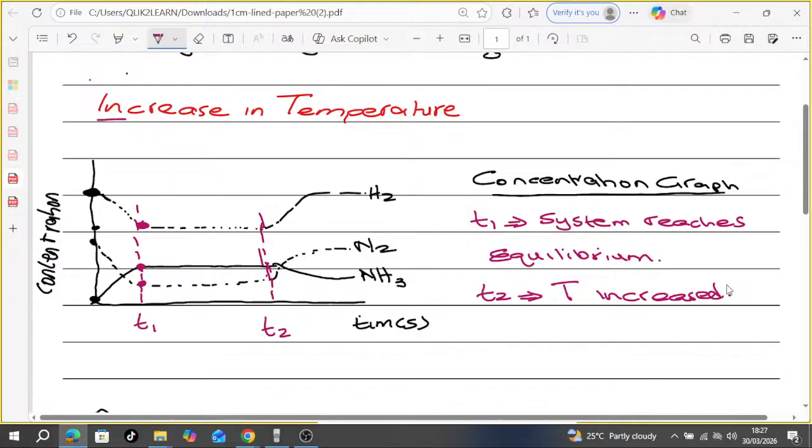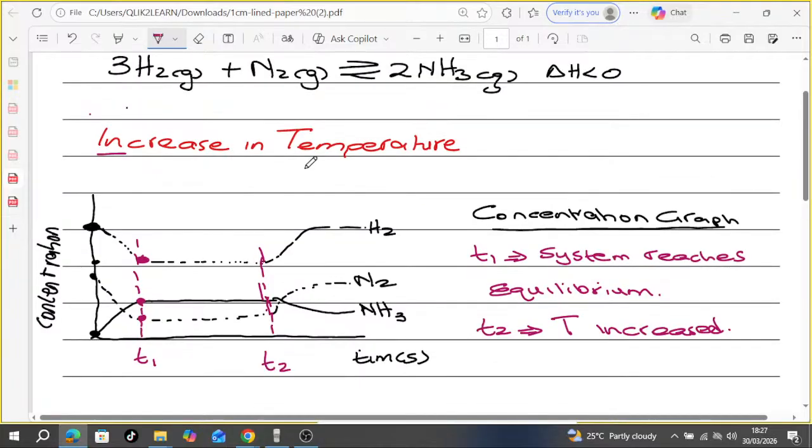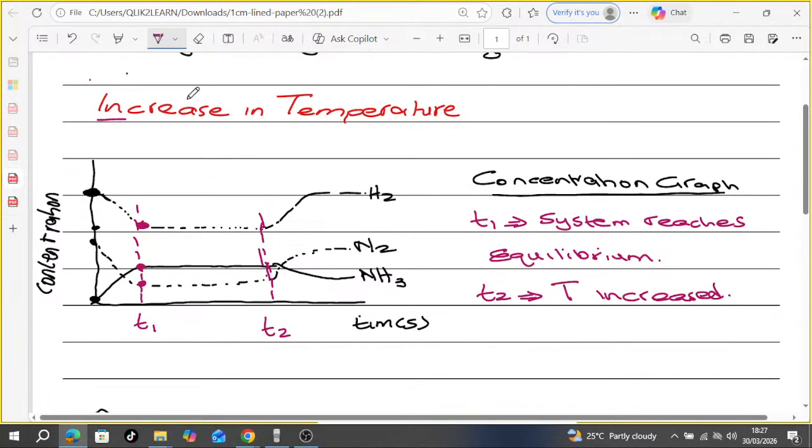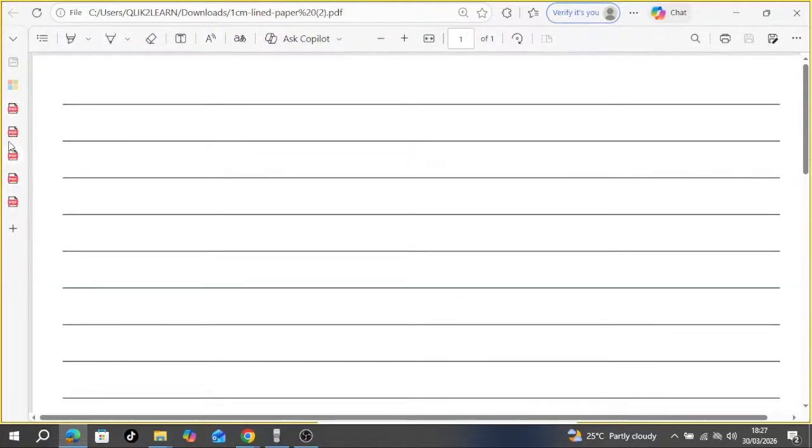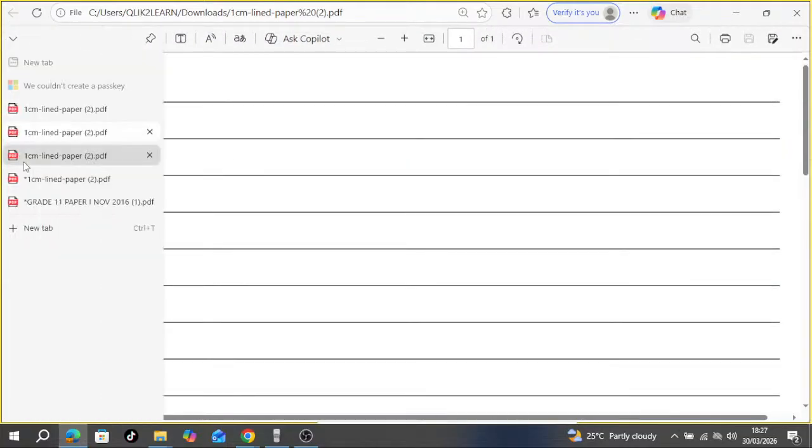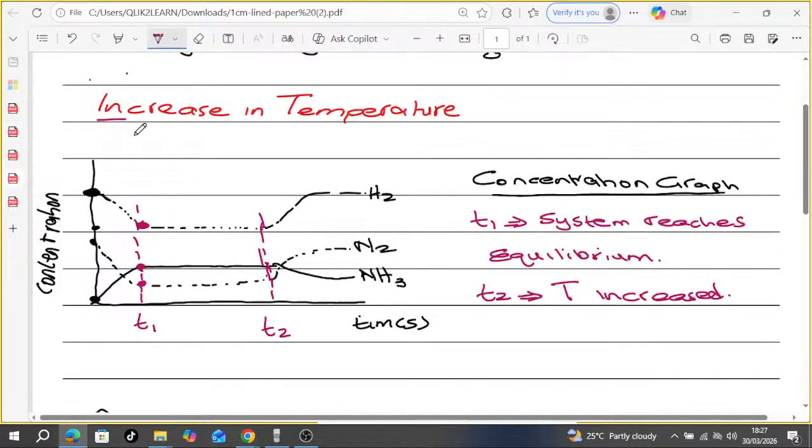Okay, so now at T2 we increased the temperature, right? So now we need to know which reaction the system will favor. I think you still remember what we did yesterday. I think I still have yesterday's notes. I need you to remember: if the temperature is increased, which reaction is favored, the forward or the reverse reaction?